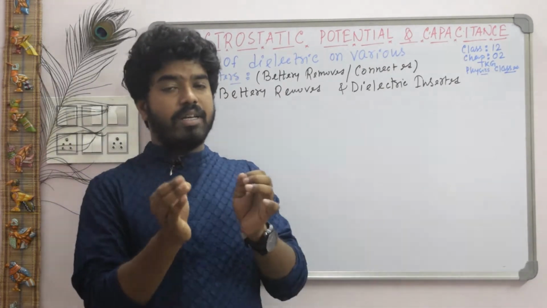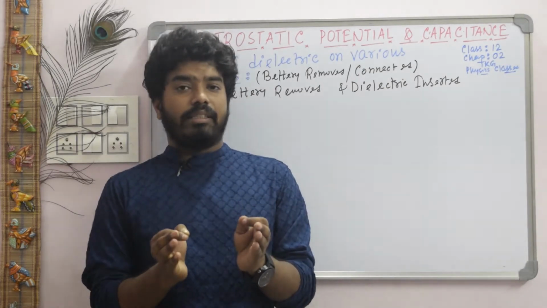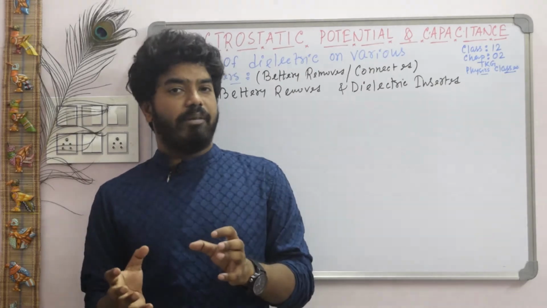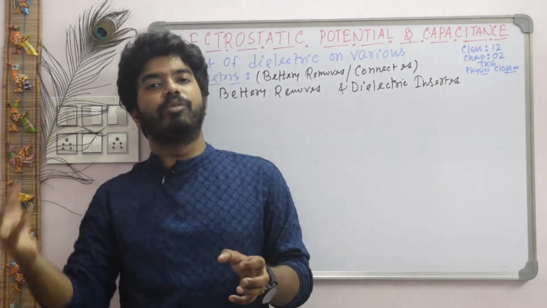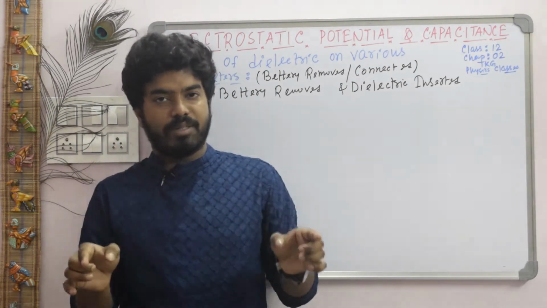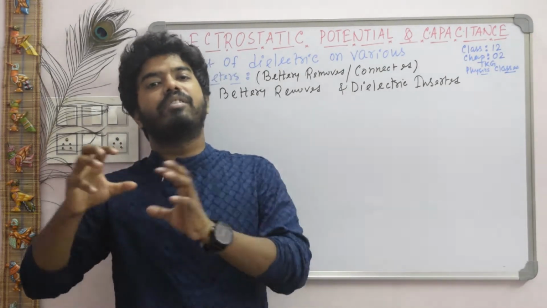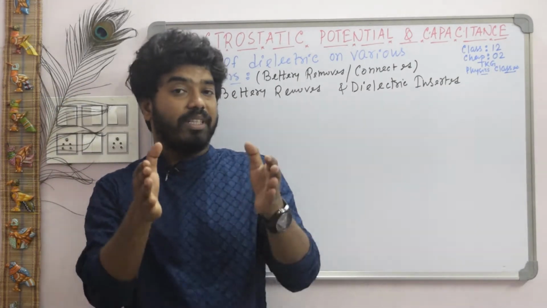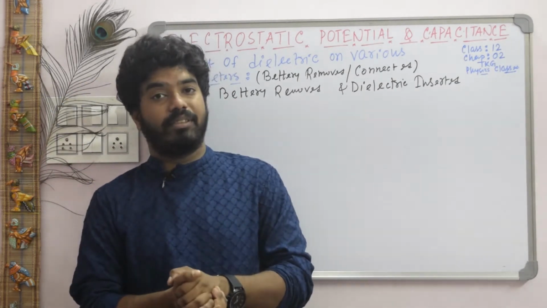That means for the first question, you are given a parallel plate capacitor which is charged by a battery, then the battery is removed, and a dielectric slab is inserted between the space of the parallel plate capacitor.